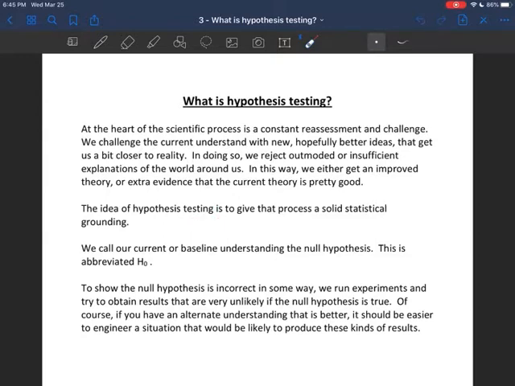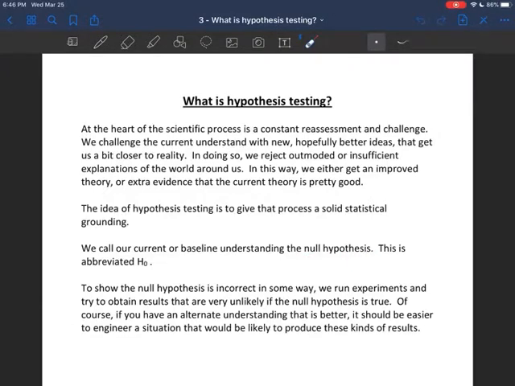And hypothesis testing is the idea that gives this whole scientific process a solid statistical grounding. But it's subtle, so we have to be a bit careful in thinking about it. What I'd like to talk about today is just what null hypothesis means, what the hypothesis testing is, and how we quantify the things that we see in experimental results.